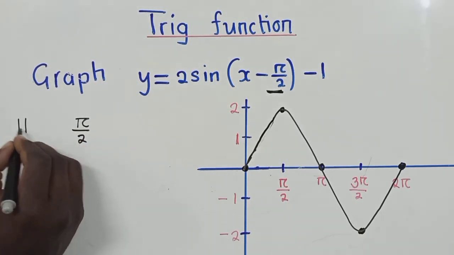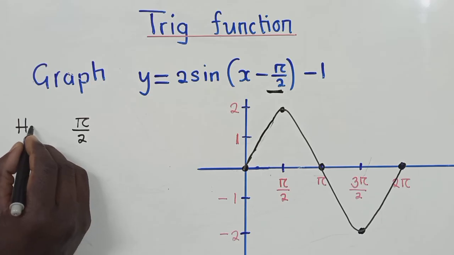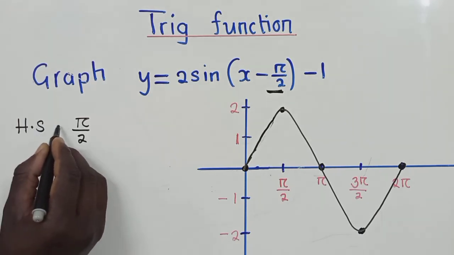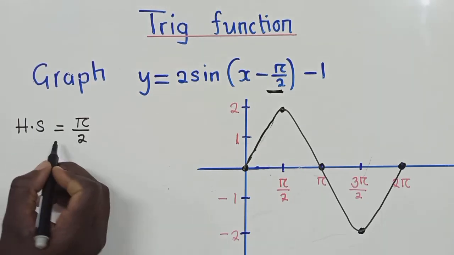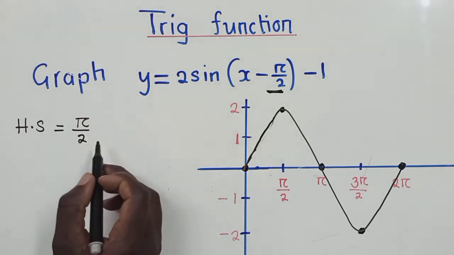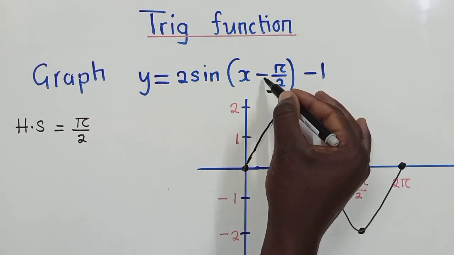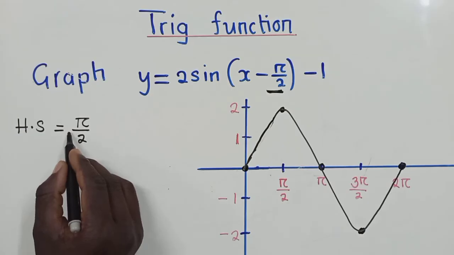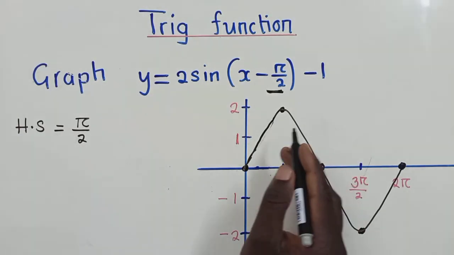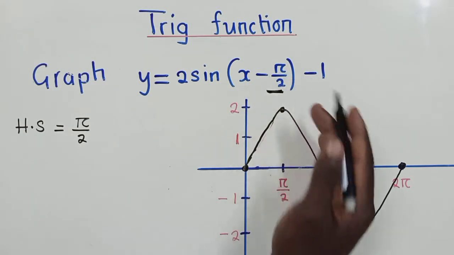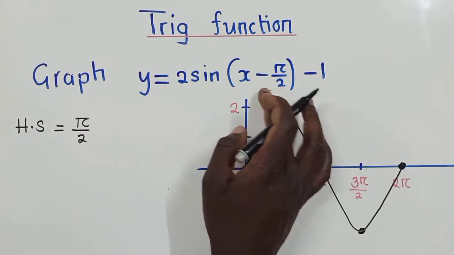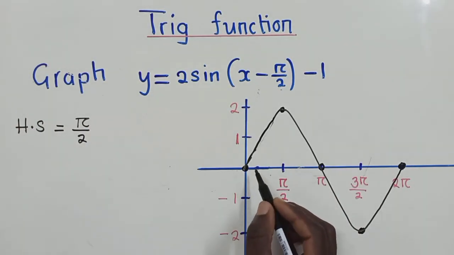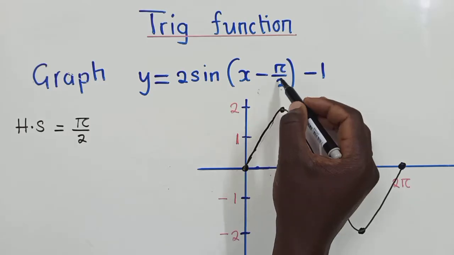We call this the horizontal shift, HS. If there is the negative sign here, it means it will go to the right side. It's opposite. If there was a positive, it means it will go to the left side. So in this case, it will be shifting by pi over 2.